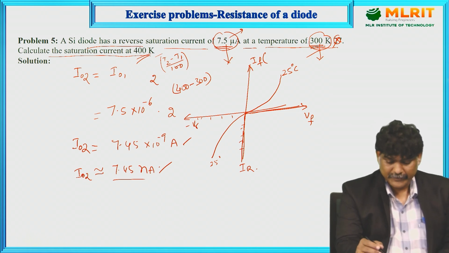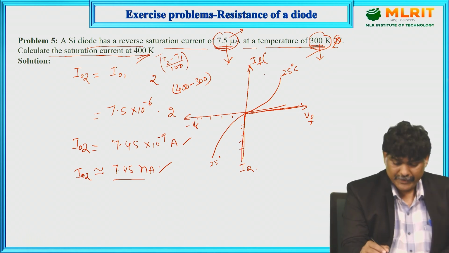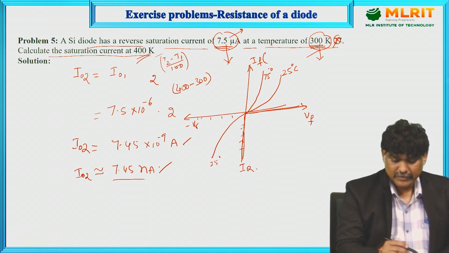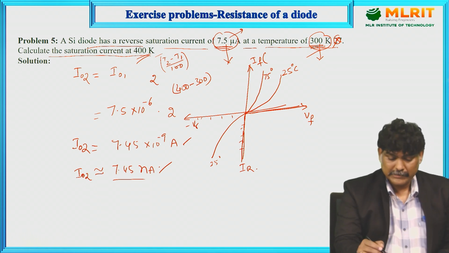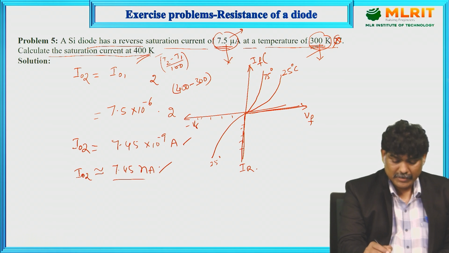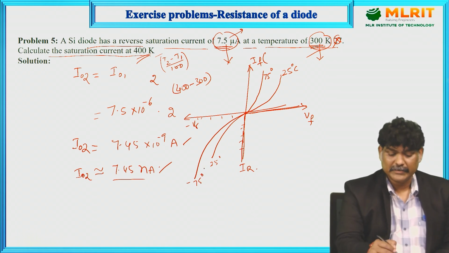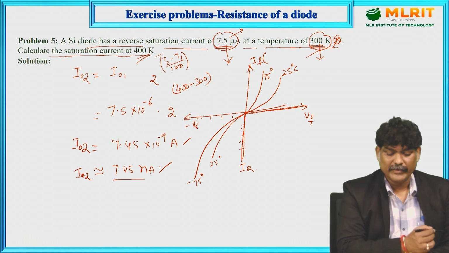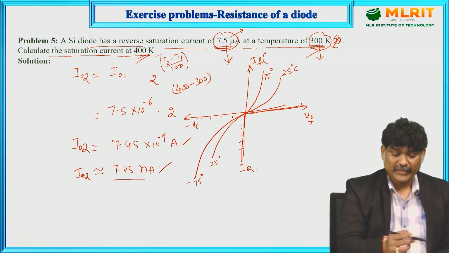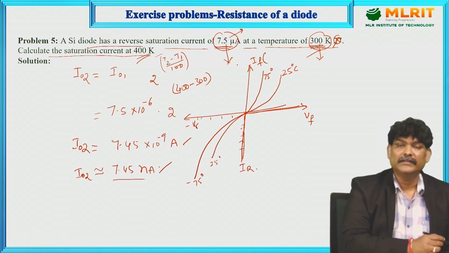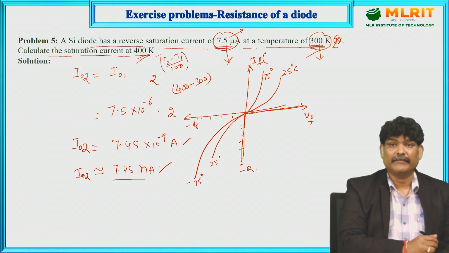Similarly, if you increase the temperature, the reverse saturation current also increases. This is 75 degrees centigrade. So with this VI characteristic, we can say that the temperature affects the diode current equation, particularly the reverse saturation current.